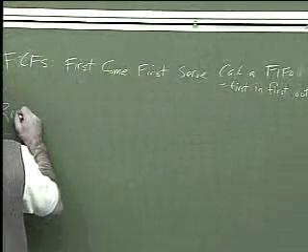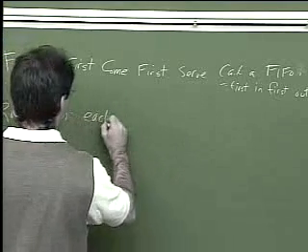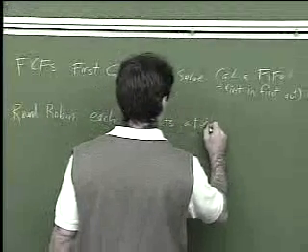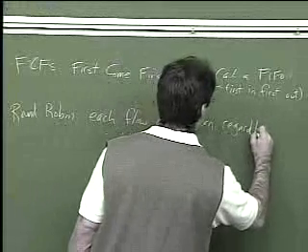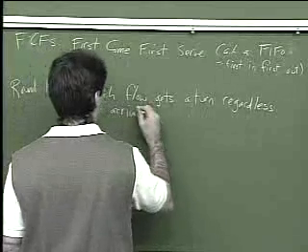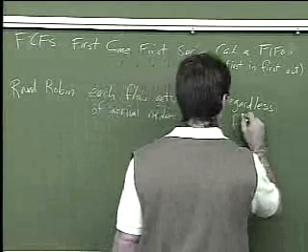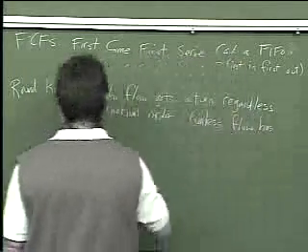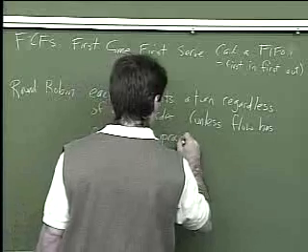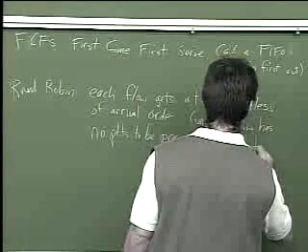Round robin is just each flow gets a turn, regardless of arrival order, unless it has no packets. One packet is processed during its turn.